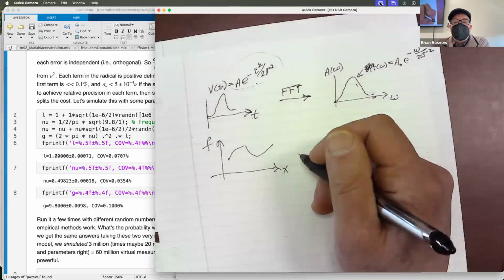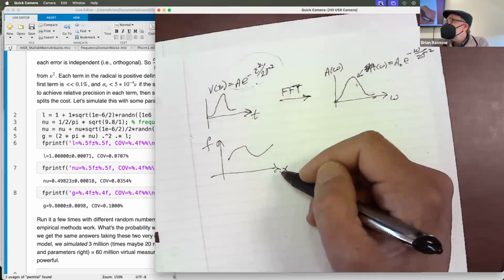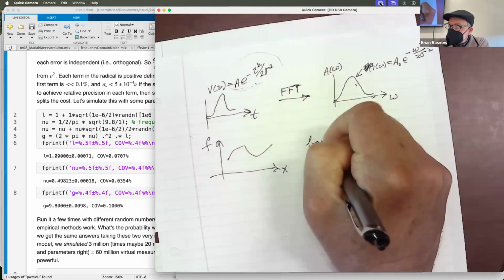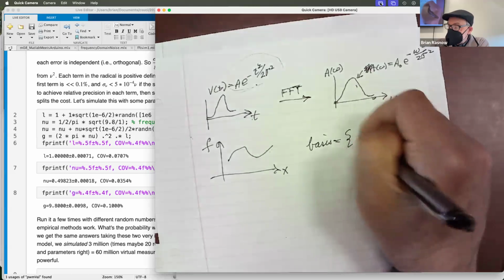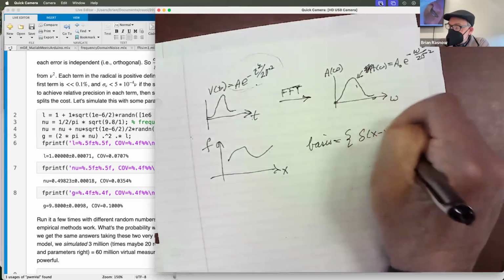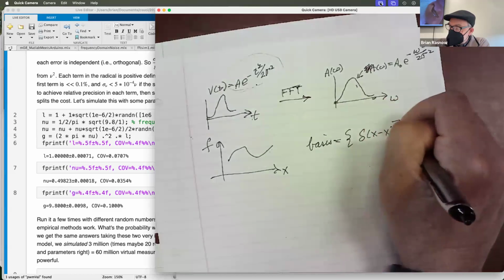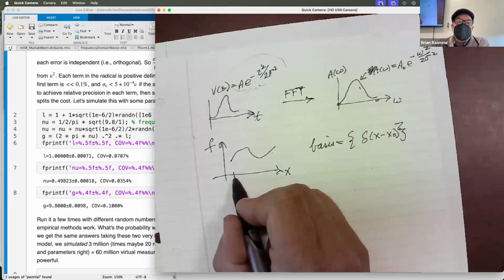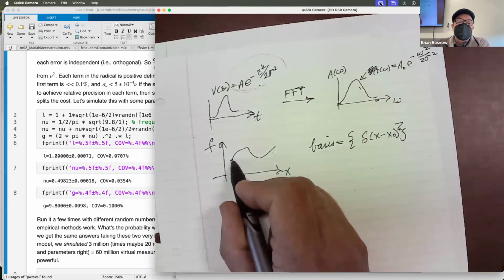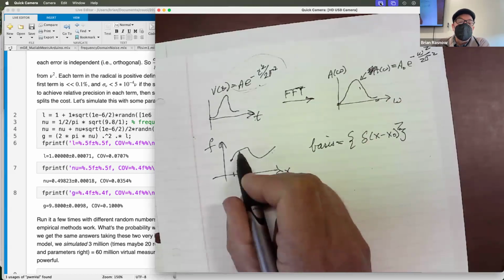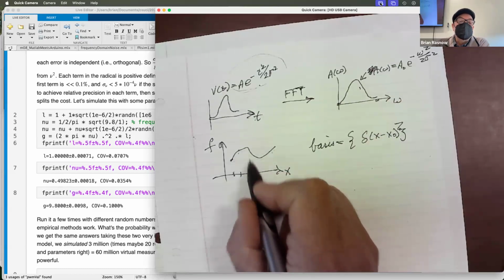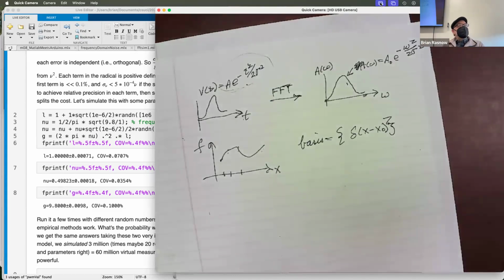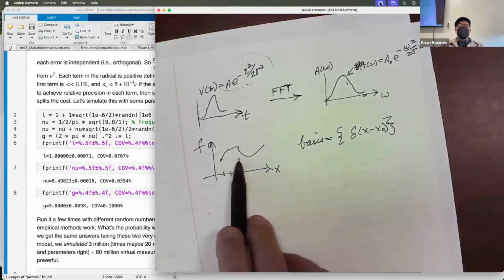And it's sort of weird to say, well, I can describe this function in terms of a basis, and the basis is the family delta of x minus x naught, for a whole bunch of different x naughts. So first, I'll pick x naught over here, and the coefficient is that. And then I'll pick x naught over here, and the coefficient is that. And then I'll pick x naught over here. So, I mean, it's a sort of dumb way to say, hey, yeah, I can decompose this function.